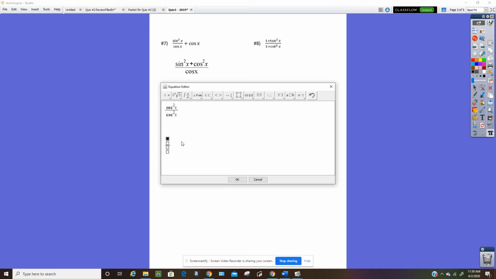Secant squared is 1 over cosine squared x, and cosecant squared is 1 over sine squared.